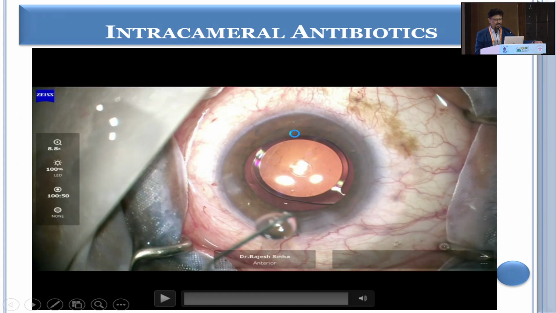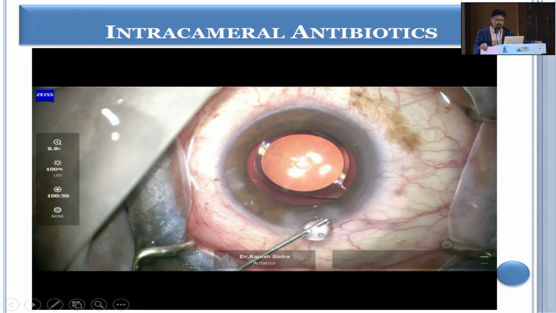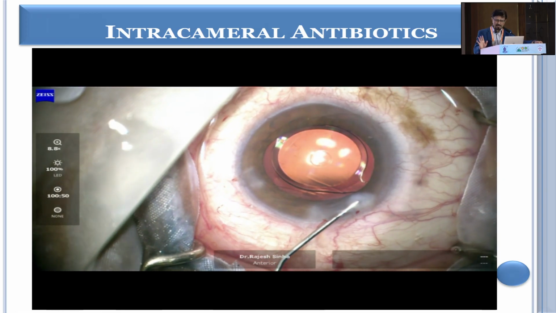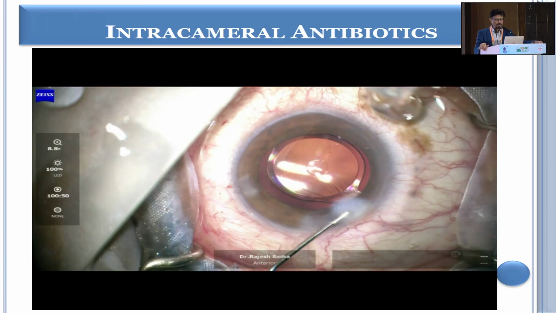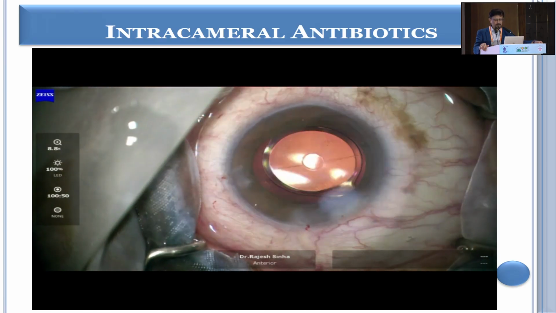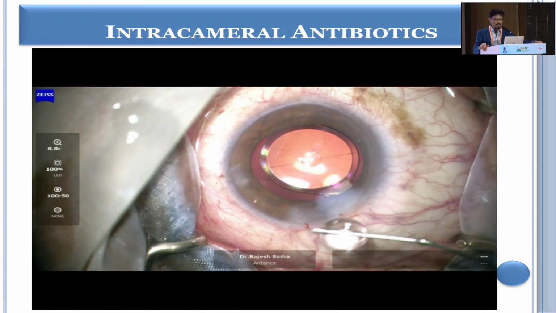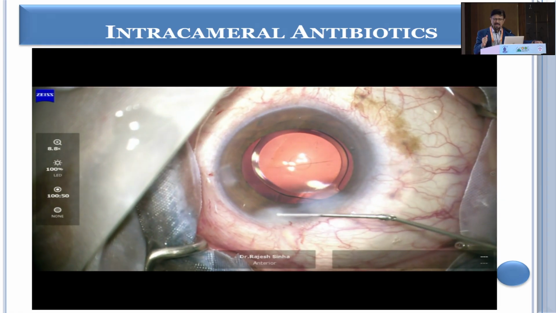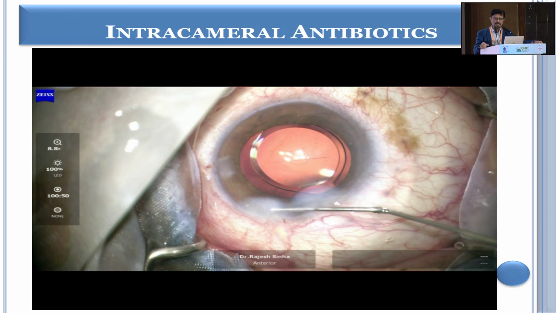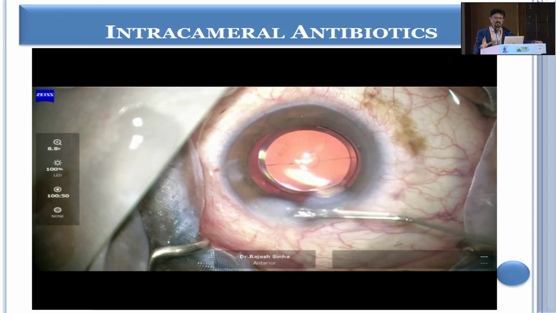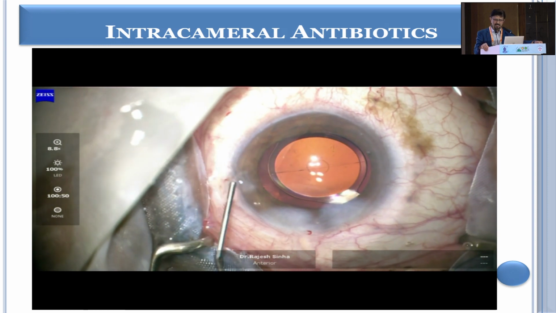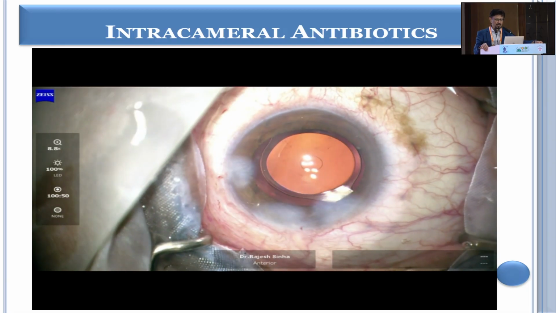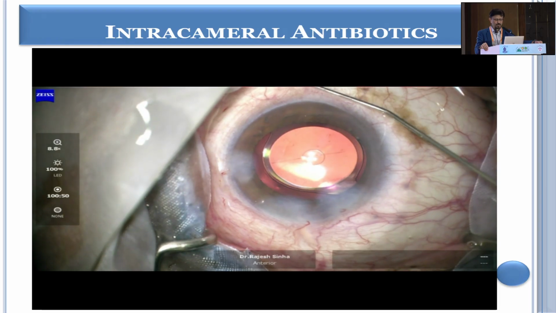And of course, intracameral antibiotics, which have become very popular these days, should be used at the end of the procedure. So once you hydrate the main wound and the side port as well, after that you inject into the bag. You try to push it towards the IOL so that the intracameral antibiotic remains. And which intracameral antibiotic, that is an important issue.